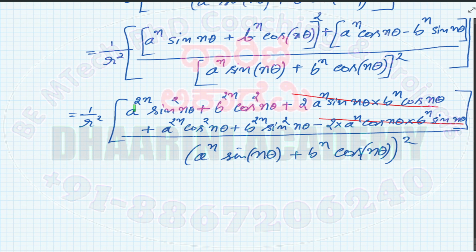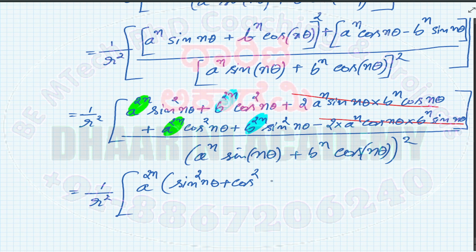After this, whatever is left over, I can write the common terms. This term and this term have a to the 2n common, and this term and this term have b to the 2n common. Let's try to extract and keep them separately. So this is 1 by r square into, first I'll take out a to the 2n common and write whatever is left over. So in the first term, sine square n theta plus cos square n theta.